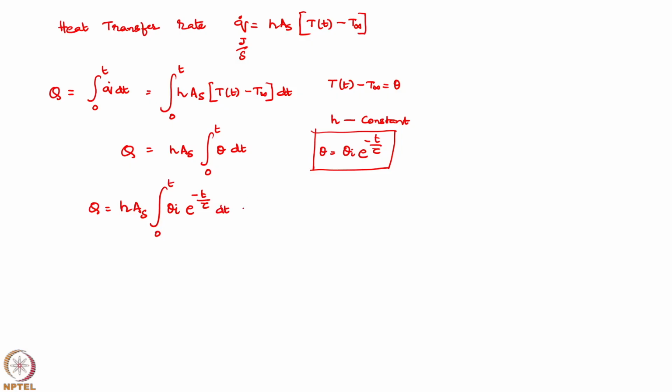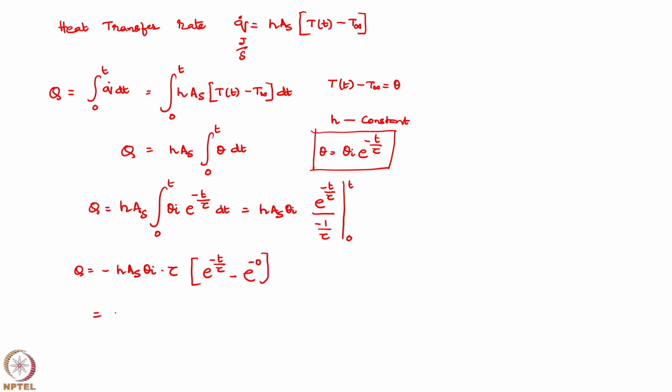So, theta I is constant, so I can pull that out, h a s theta I. If I integrate this, I write this as minus t by tau divided by minus 1 by tau between the limits 0 to t. So, q equal to minus h a s theta I into tau into e to the power of minus t by tau minus e to the power of minus 0.